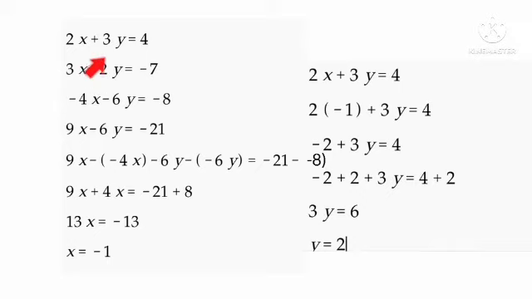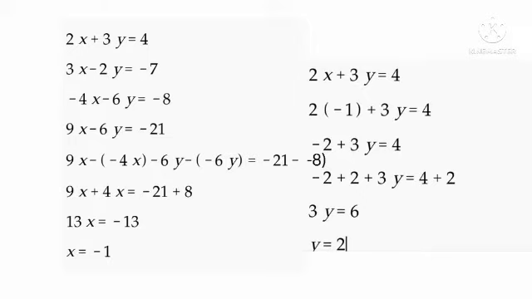The reason it is called the elimination method is that you want to make the coefficient of one of the variables equal, so you can then subtract those two equations so that the variable with equal coefficients will cancel out. Let me repeat that again.